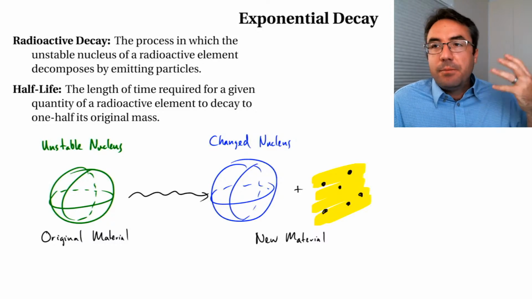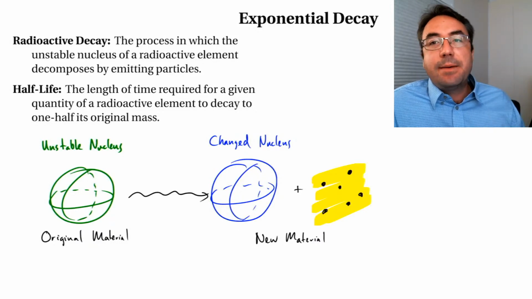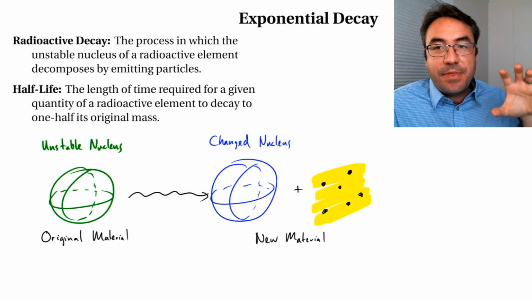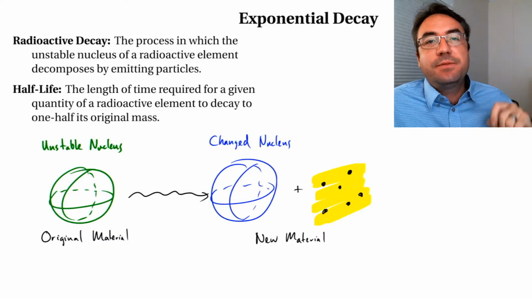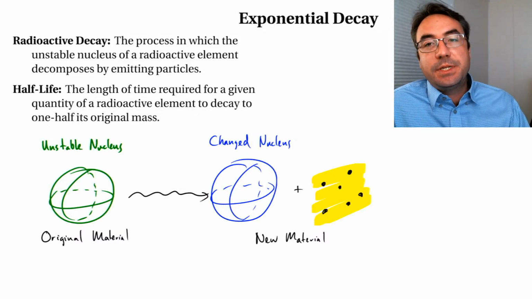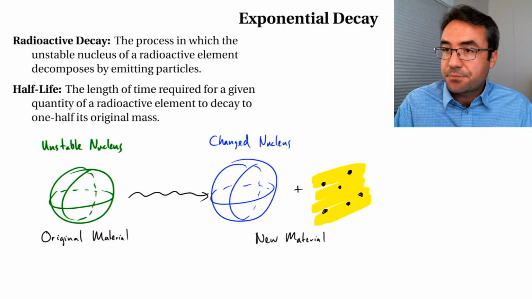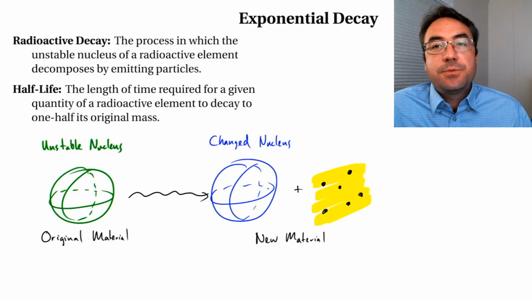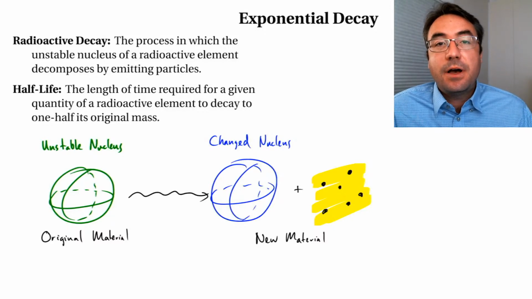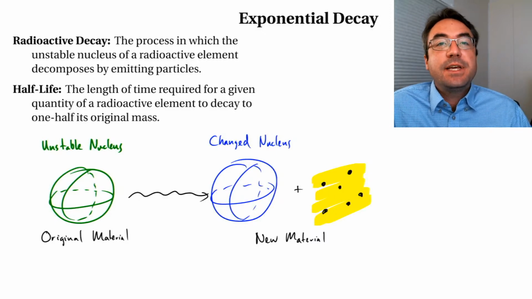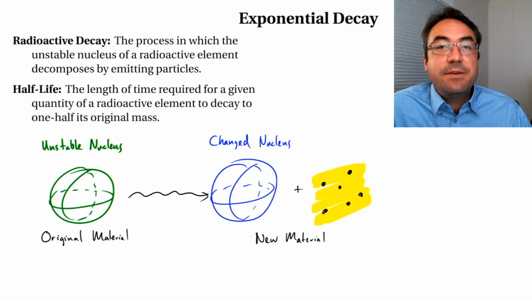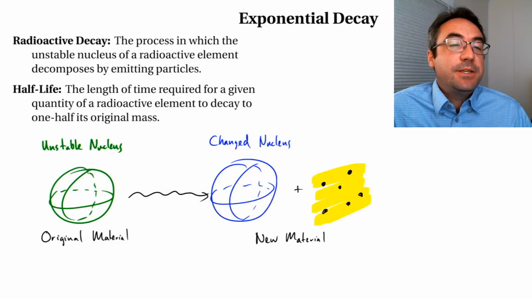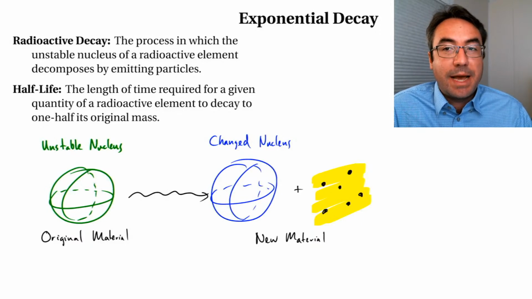The new material might be also radioactive, it might not be, but we're looking at that original material. How much of that original radioactive material is left? Another bit of terminology here is the half-life of the radioactive material, which is the length of time that's required for a given quantity to decay to 1/2 of its original mass.